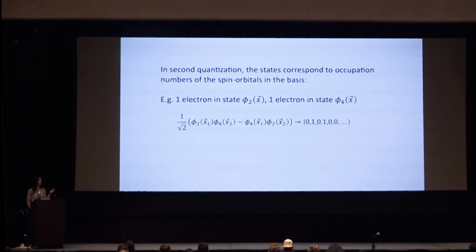So in this case, orbitals 2 and 4, and when I say orbitals, I mean spin orbitals. For brevity, I'm just going to say orbitals. So here, 2 and 4 are occupied, and we use the shortcut of zeros and ones to identify which orbitals are occupied.